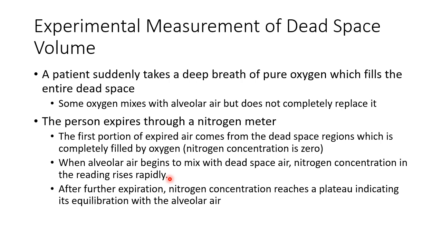And when that air in the alveolus finally mixes with the dead space air, the nitrogen concentration will start to rise. After further expiration, there will be so much nitrogen recorded that it reaches a plateau, indicating that all of the air being expired at that time is already alveolar air. So this is better represented in this image.